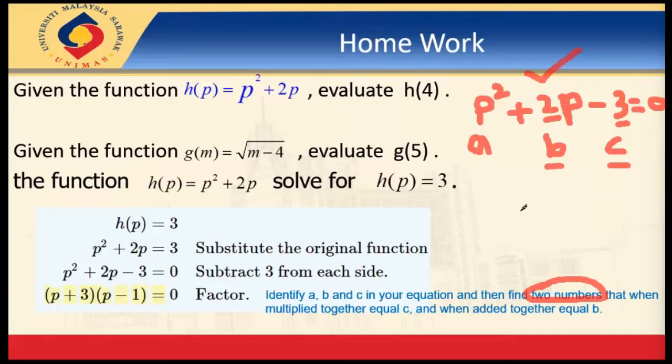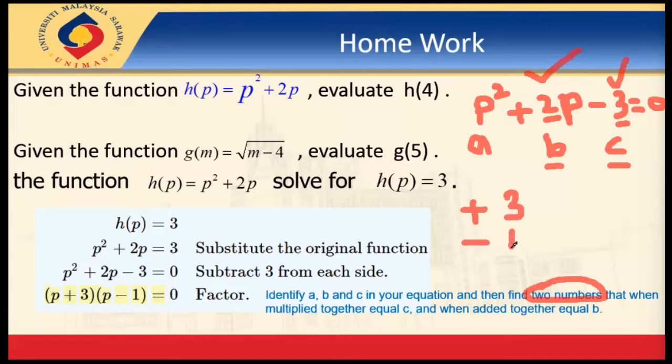Find two such numbers that when you multiply, you get negative 3, and when you add together, you get plus 2. These numbers are plus 3 and negative 1.